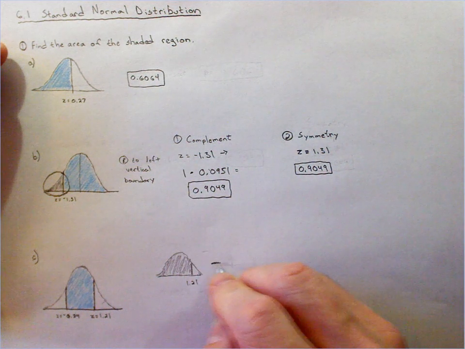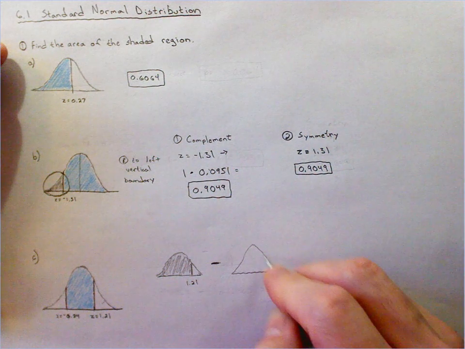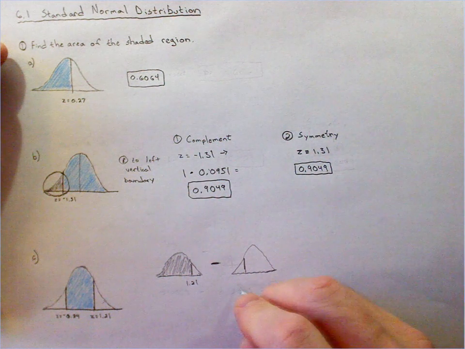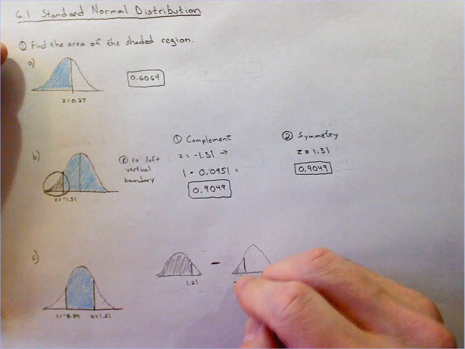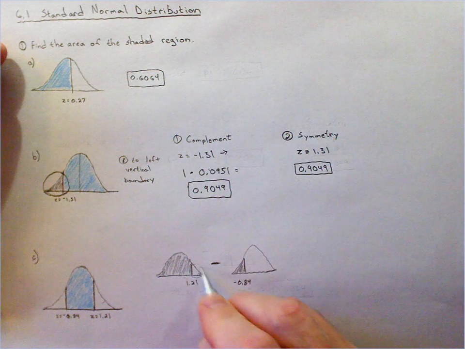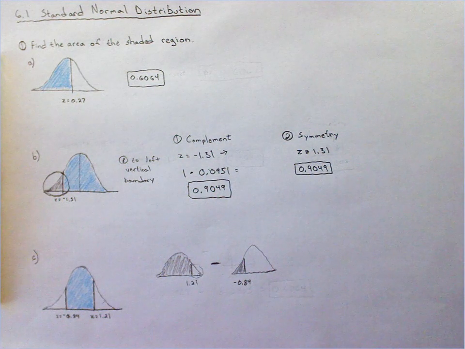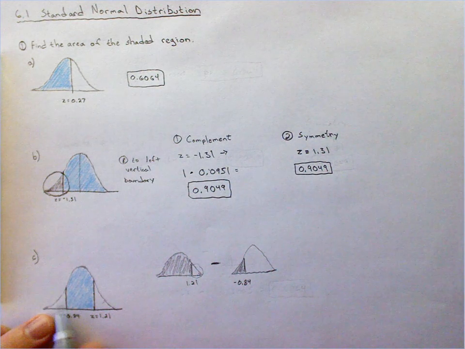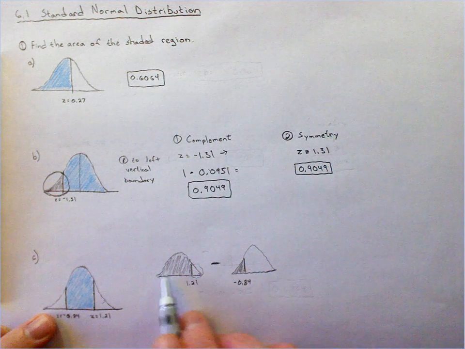And I'm going to subtract from it this one, forgive my drawing, a negative 0.84. Because what I'm actually going to look up whenever I use my table is this. Notice I don't have this area, just like here, that area will not be included in my calculations. But whenever I do this one, I'm actually counting this area that's not supposed to be in it.